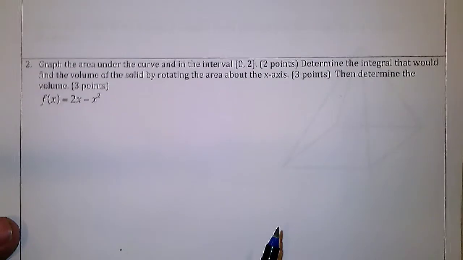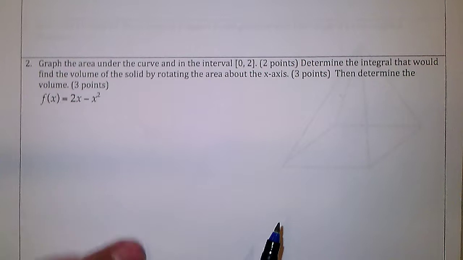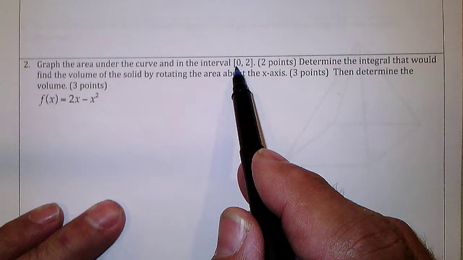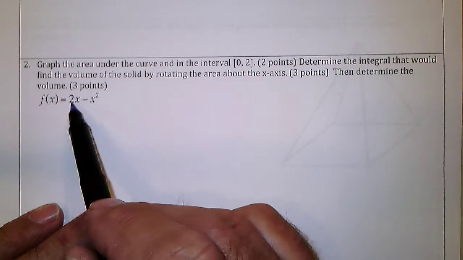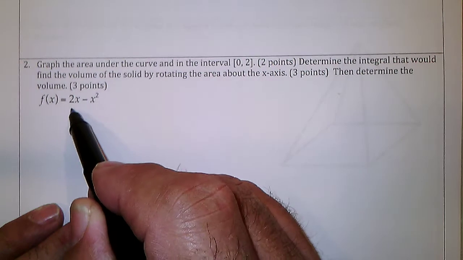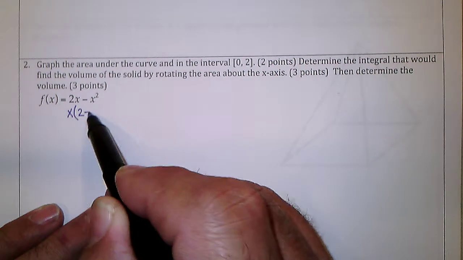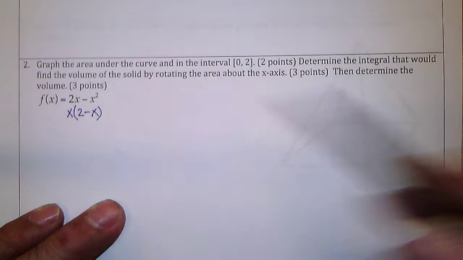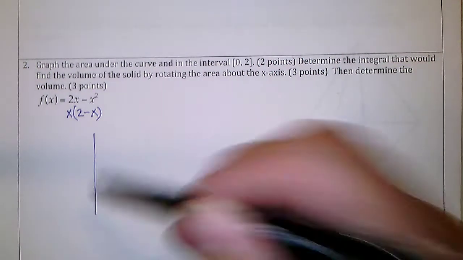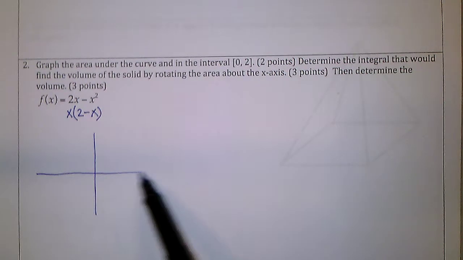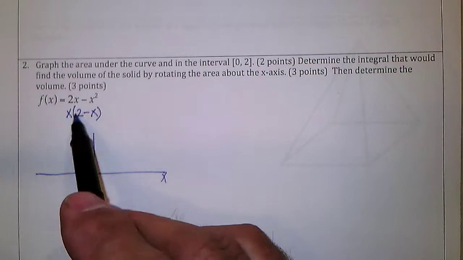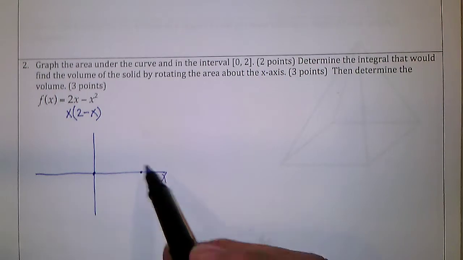Number 2. Graph the area under the curve in the interval 0 to 2 of this. Again, we have a parabola. It factors. So it's going to have, I'll draw it right here, an x-intercept of 0, an x-intercept of 2.